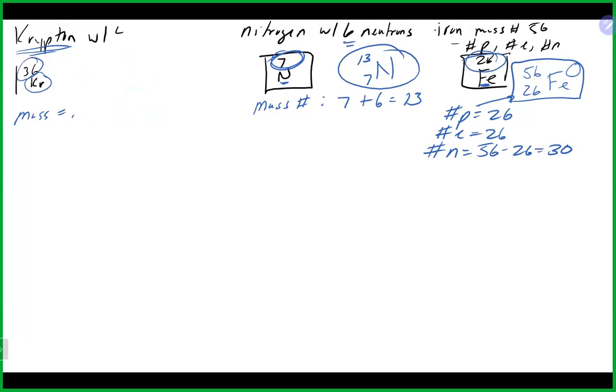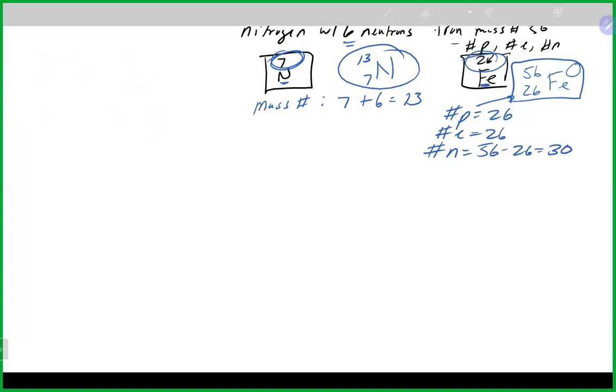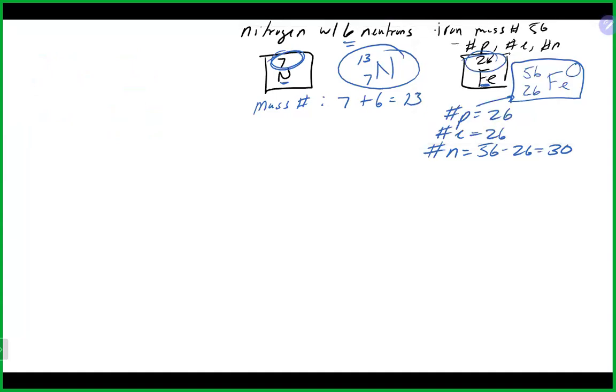And ions are things that have charges, either positive or negative. And there's really two types of ions we come across. There are what are referred to as cations, and cations are positively charged ions. And there's also anions, which are negatively charged.